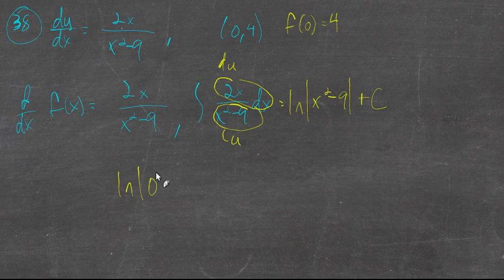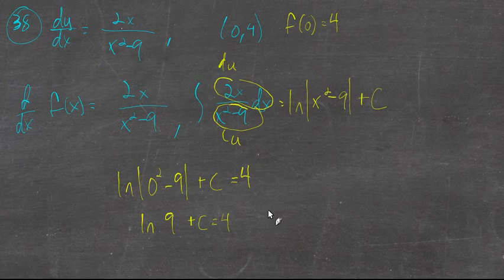The natural log of the absolute value of 0 squared minus 9 plus c equals 4. And so we solve for c. And now what we have is the natural log of 9, right? Because of the absolute value of negative 9. The natural log of 9 plus c equals 4. So c equals 4 minus the natural log of 9.